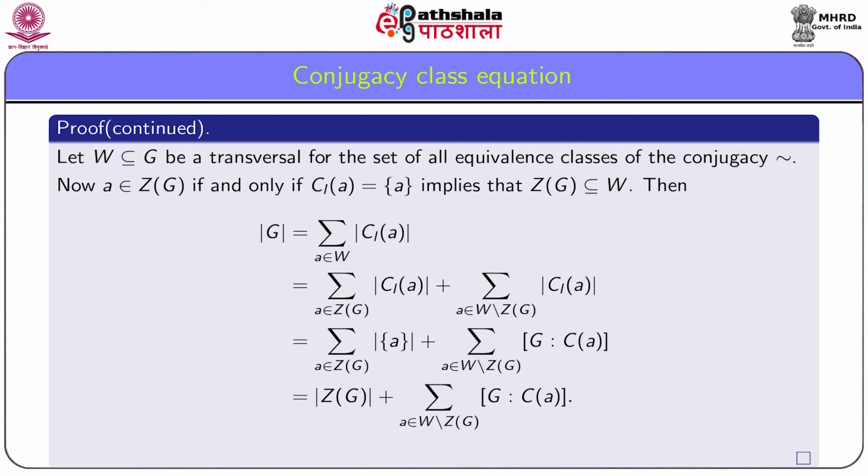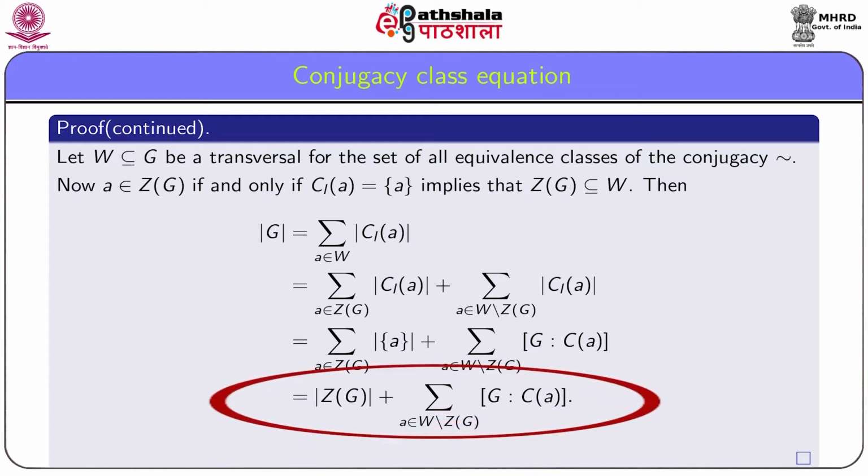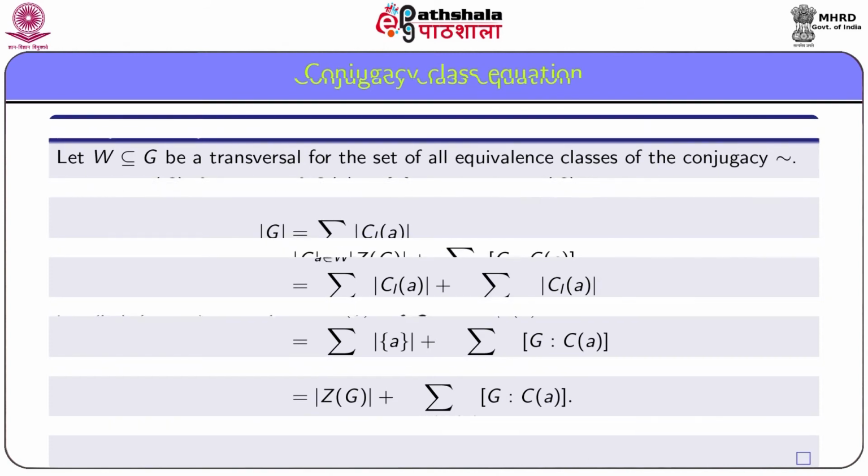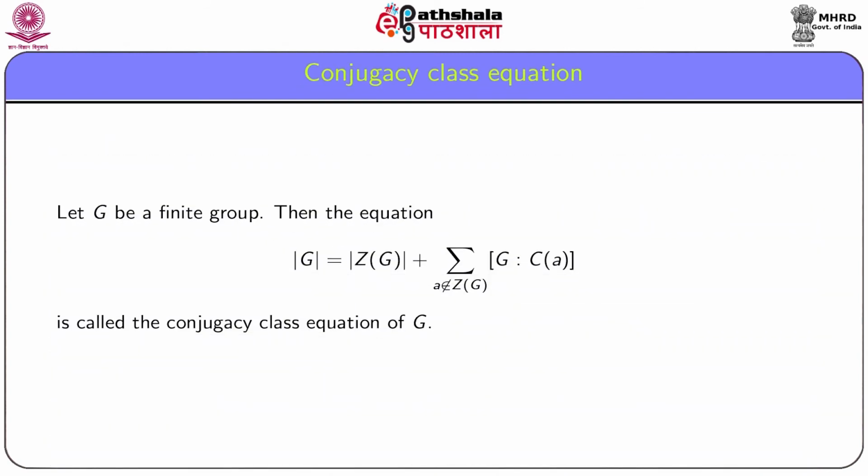So the first part of the summation gives precisely the order of Z(G), and the second part becomes the summation of the indices [G : C(a)], where a belongs to W minus Z(G), by the result that the number of conjugates of a in G is equal to the index of C(a) in G. This particular equation for a finite group G is called the conjugacy class equation of G.